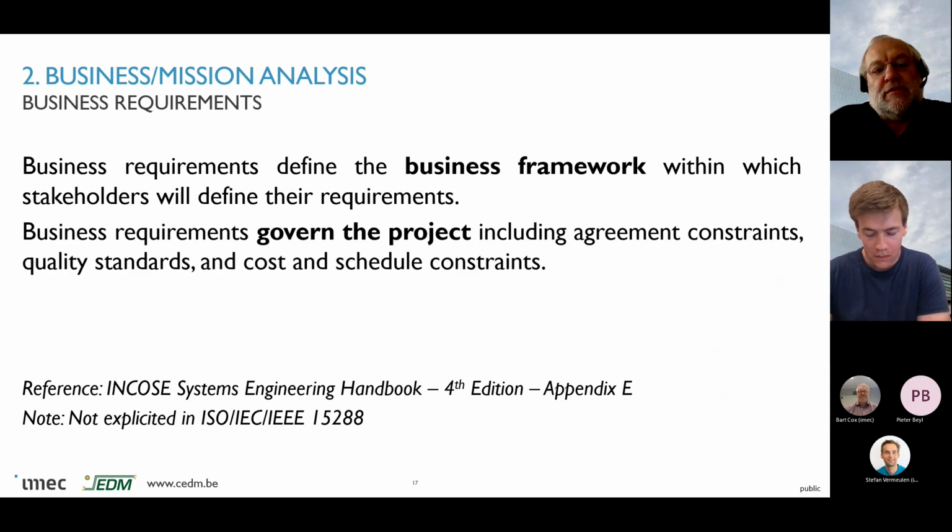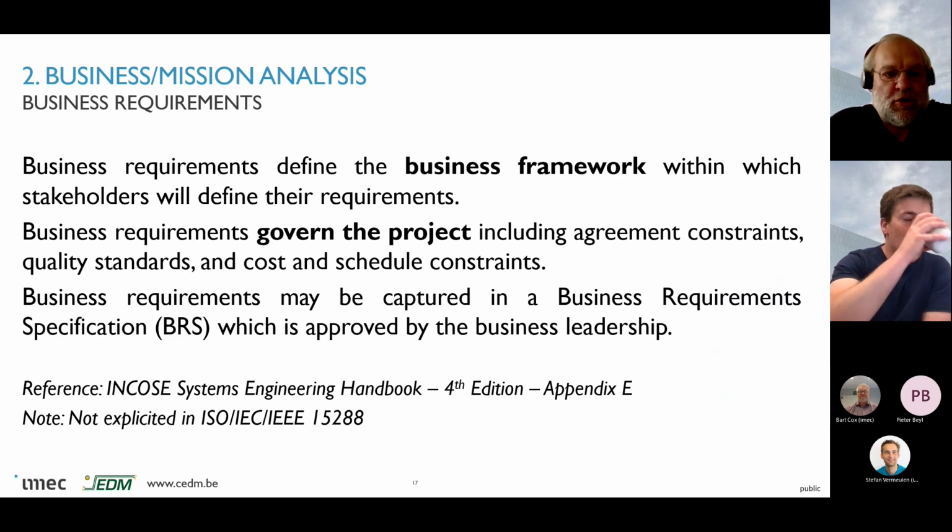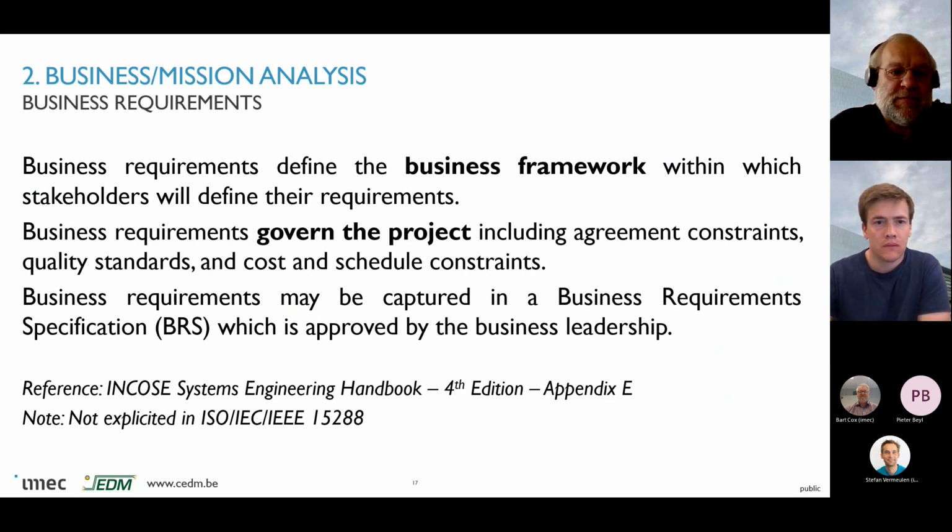And that's the way it also governs the project. Everything related to agreements, constraints, quality standards, cost and schedule. This really specifies how the company wants to work in the problem assessment, finding solutions for a certain problem, and creating the business itself. This can be captured in a business requirement specification, a document that is approved by the leadership itself.